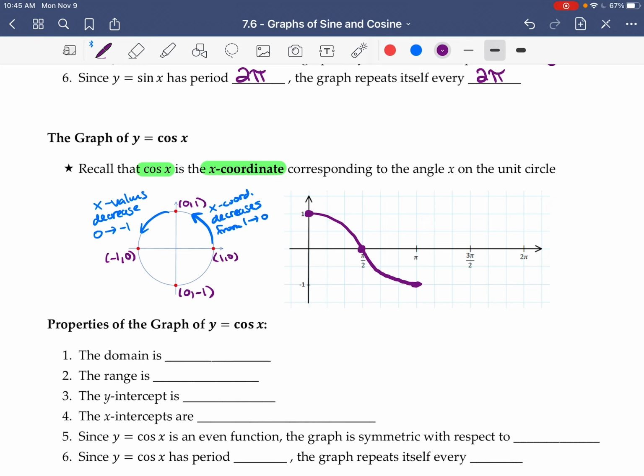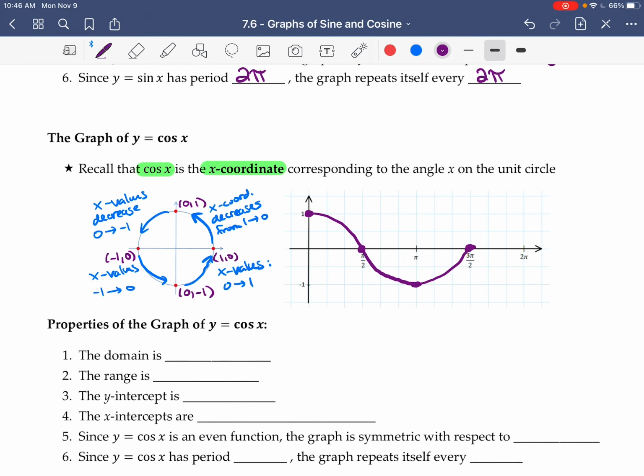Okay, and then as we go from pi to 3 pi by 2, they start to increase. So the x values go from negative 1 to 0. So at 3 pi by 2, we're back at 0. So they're getting bigger, and then they continue to increase on this side, so the x values are going from 0 to 1 here.